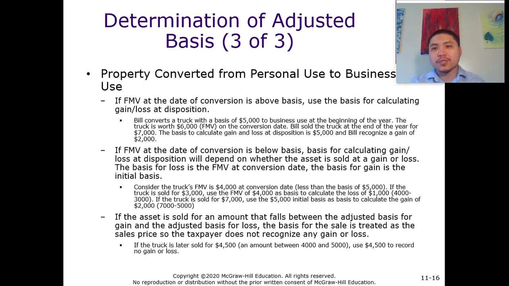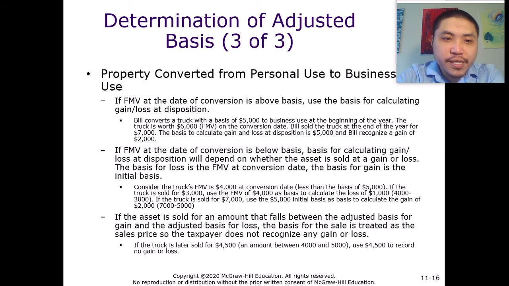Because we know personal property in previous chapters means all property except for real property, so I should use the words personal use property. So depending on the fair market value, again, at the date of the conversion, we have several different cases.